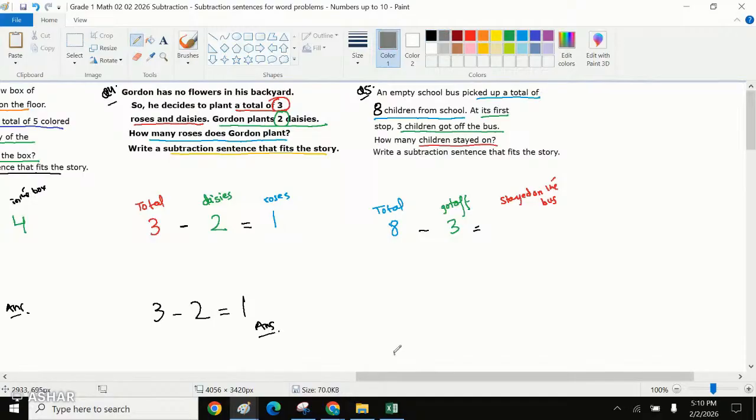We can write the numbers 1, 2, 3, 4, 5, 6, 7, and 8. We need to subtract 3: 1, 2, and 3. So we are left with 5 students who stayed on the bus. And the subtraction sentence would be 8 minus 3 equals 5. And this is our answer.